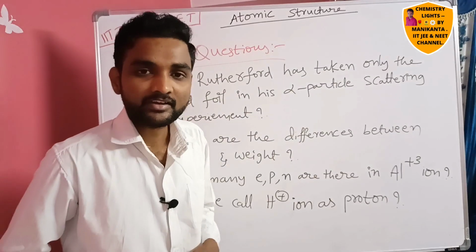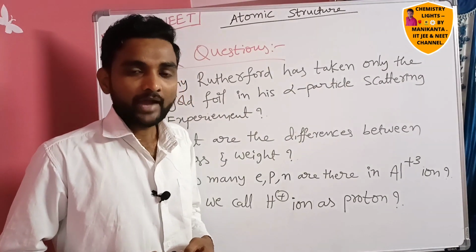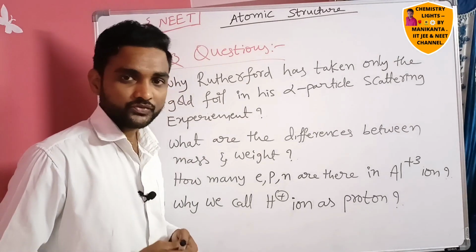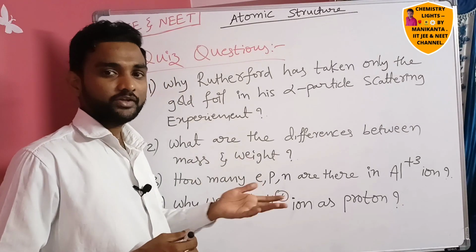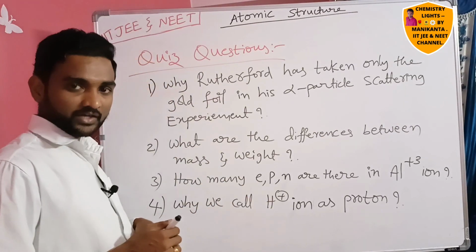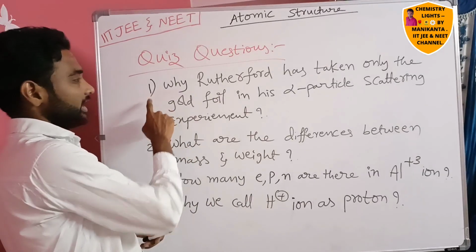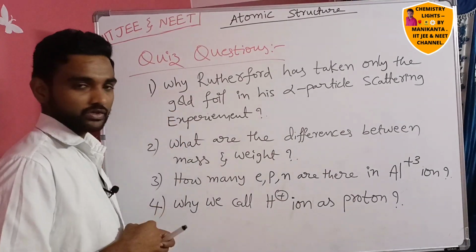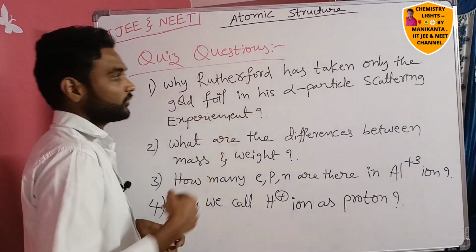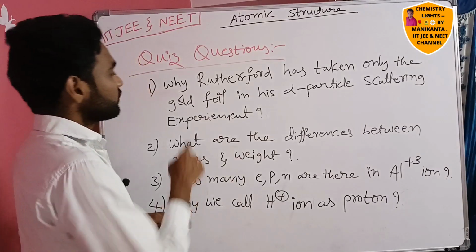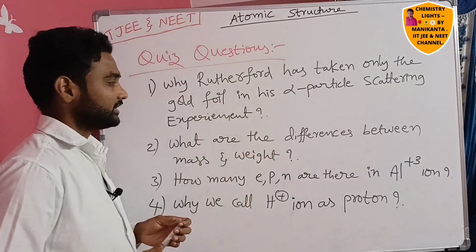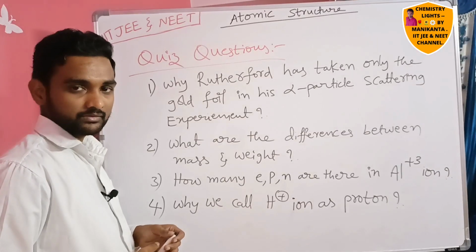Okay dear students, today onwards I will give some quiz questions at the end of every video. Today I will give 4 questions. First: why did Rutherford take only gold foil in his alpha particle scattering experiment?